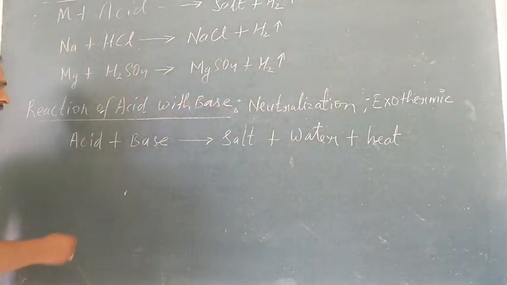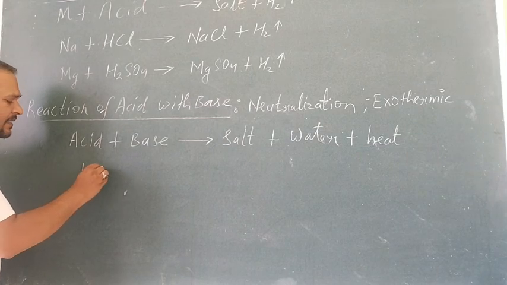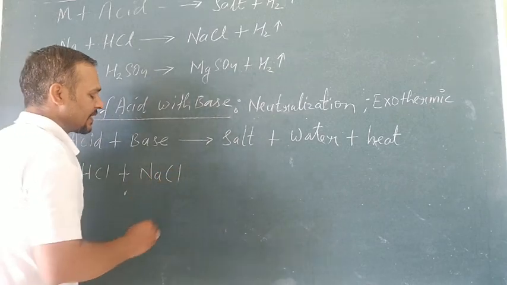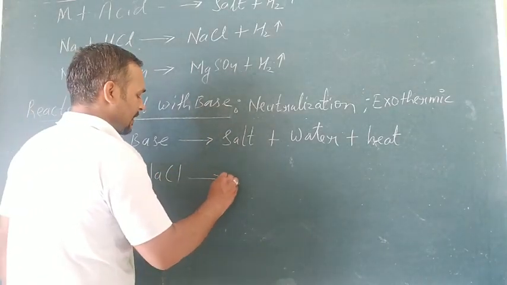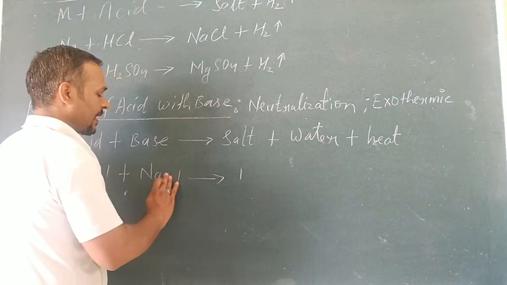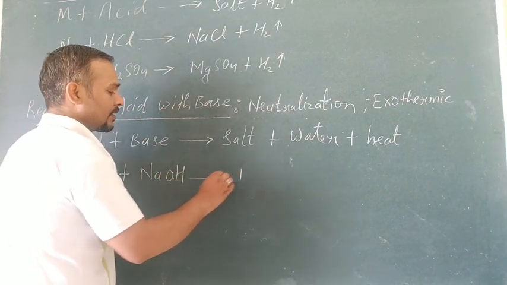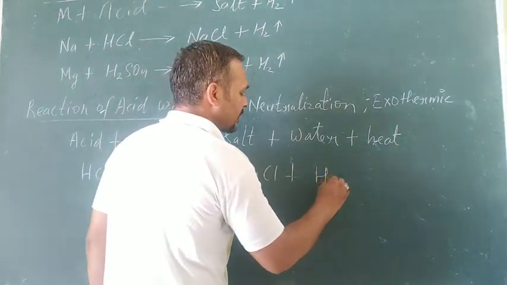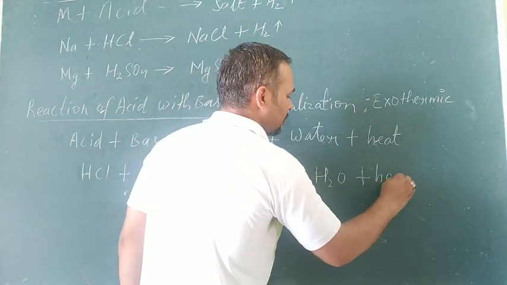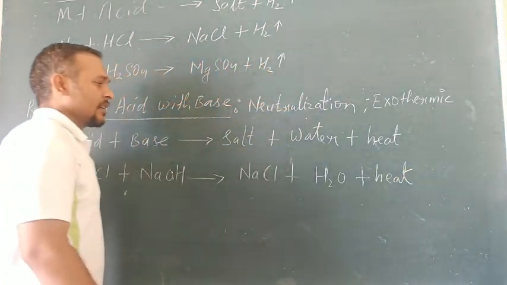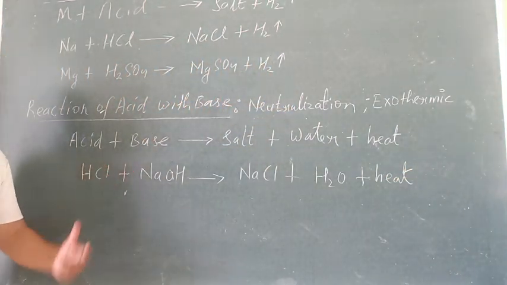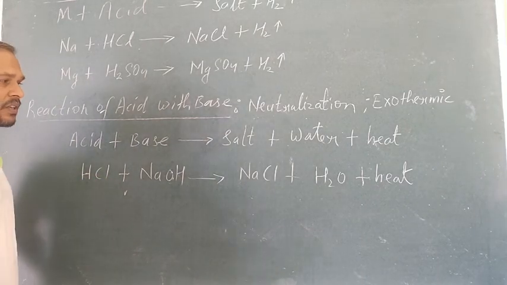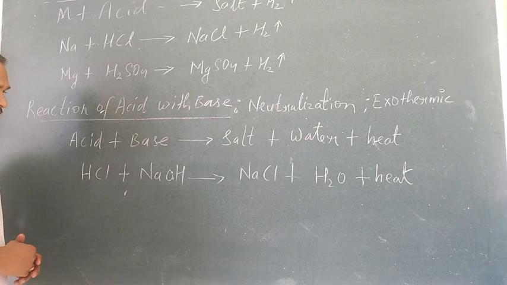For example, HCl, hydrochloric acid, mixed with sodium hydroxide forms sodium chloride plus water along with the liberation of heat. So they cancel the effect of each other, they neutralize each other. That is why it is called a neutralization reaction.